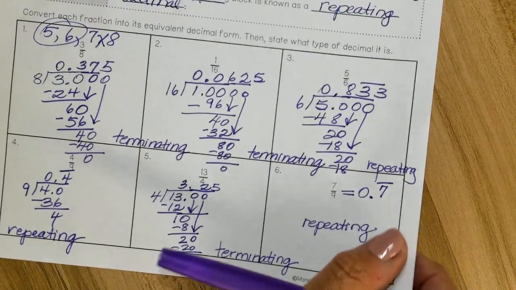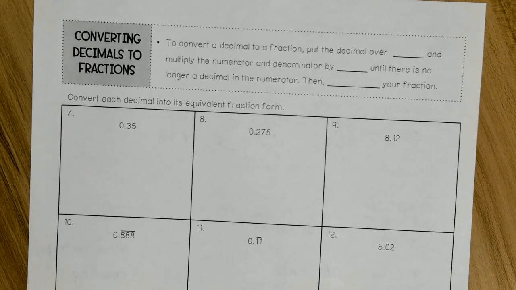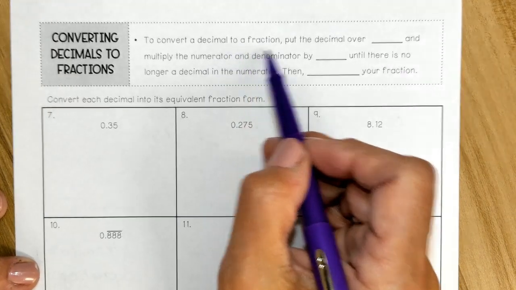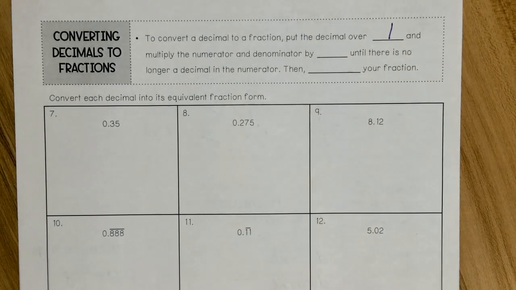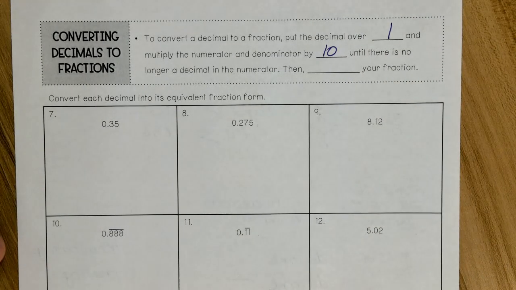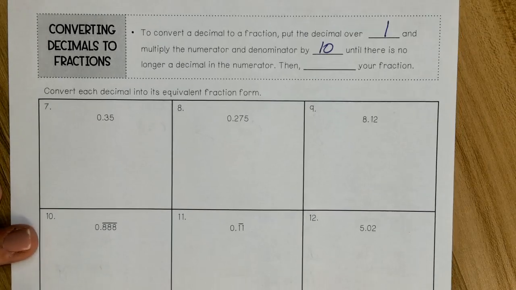Now, on the back side, the explanation at the top, at first when I saw it last year, I thought, oh, that's kind of weird. That was my first time to see this. And I'll show you both ways. They're saying to convert a decimal to a fraction, put the decimal over 1, and multiply the numerator and denominator by 10 until there is no longer a decimal in the numerator.